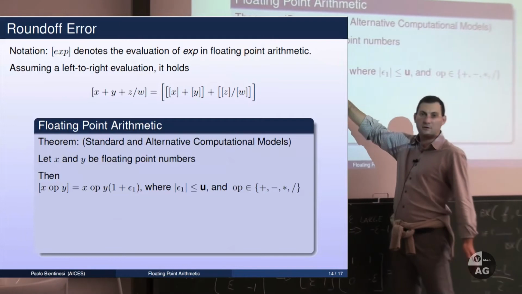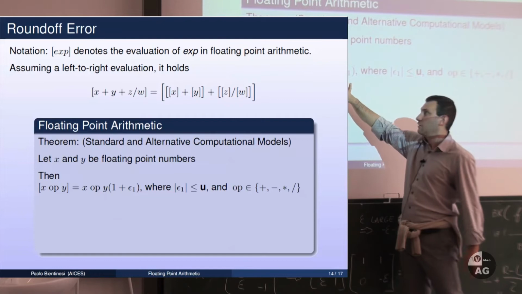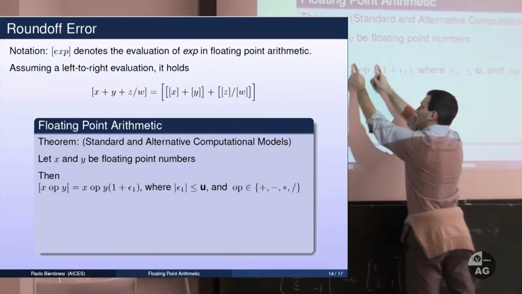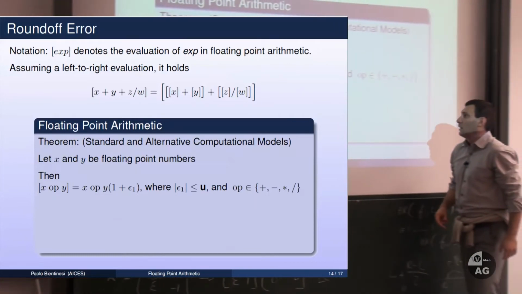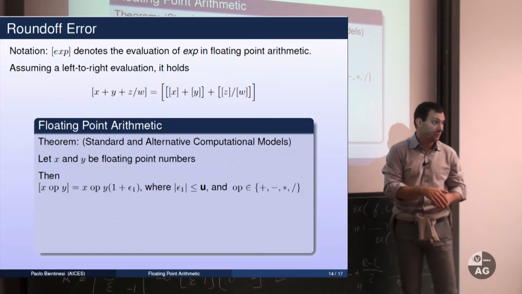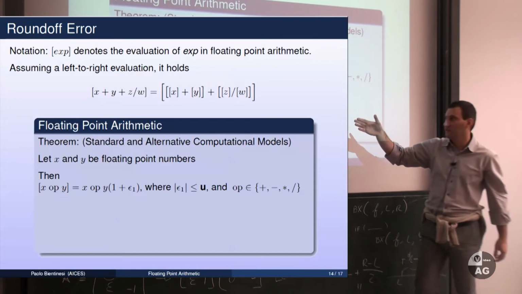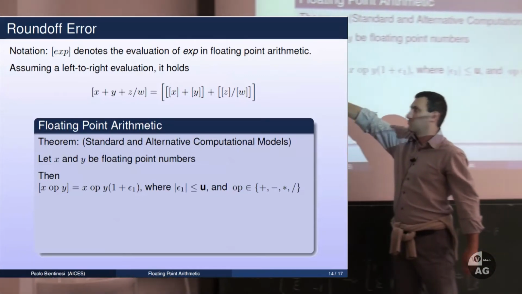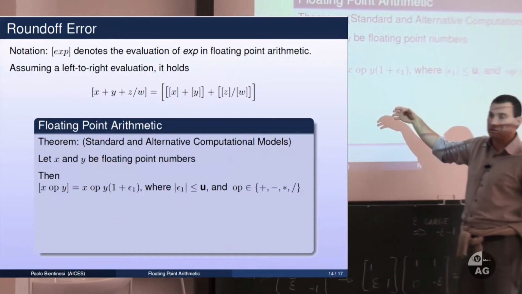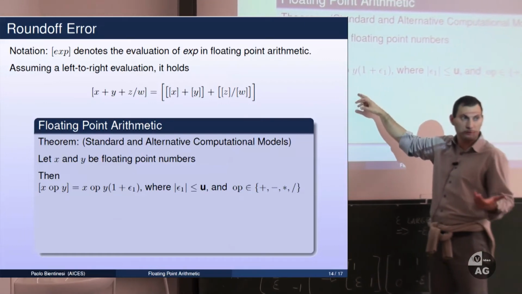There are never quantities in absolute terms. Everything is always in relative terms. Once again, there are parentheses here. There are even more properties like this. The square root is another operation for which these properties are satisfied, but of course you don't have two numbers, so it's only the square root of x, and you know that it's 1 plus epsilon away from the actual mathematical square root of x.